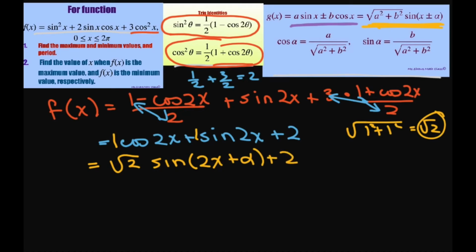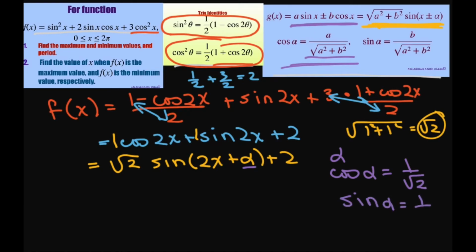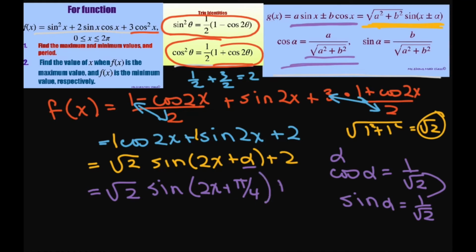So basically, our alpha is going to be the common angle, whereby cosine of alpha equals 1 divided by square root of 2, and our sine of alpha equals 1 divided by square root of 2. And that's what's unique about this, because they share the same angle, and that's going to be pi divided by 4. So now I can write this as square root of 2 times sine of 2x plus pi divided by 4, and then we still have this plus 2.